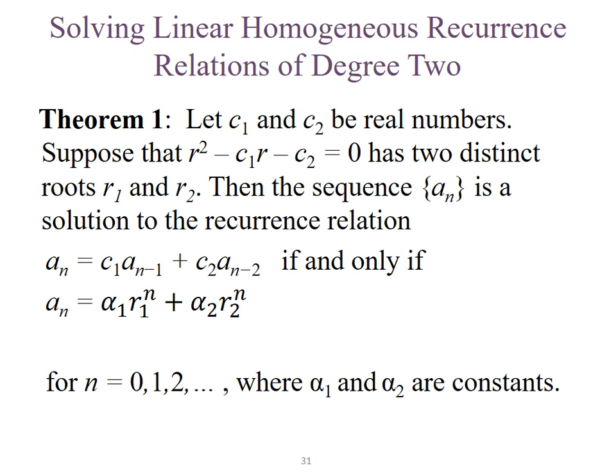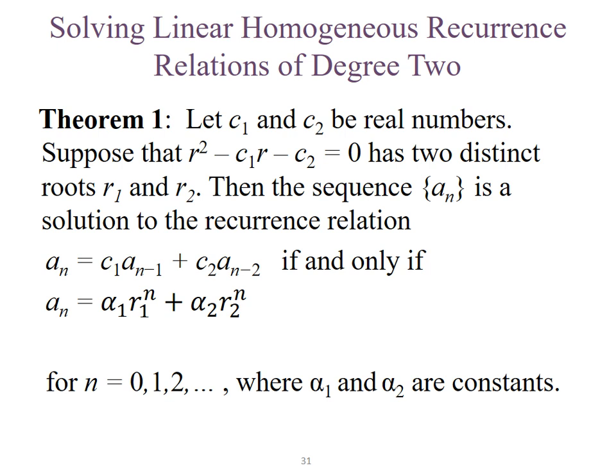So we know this is a quadratic equation. Assume we have two distinct roots, r1 and r2, for this equation. Then the solution to this recurrence relation, a_n, has the form a_n equals c1 times a_{n-1} plus c2 times a_{n-2}.